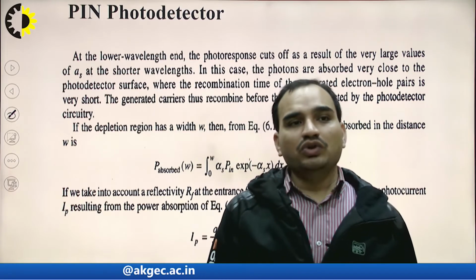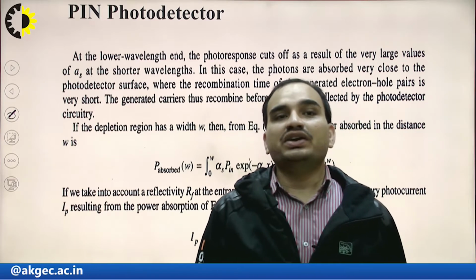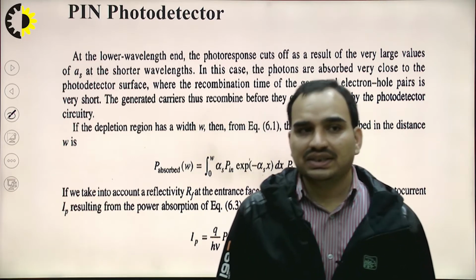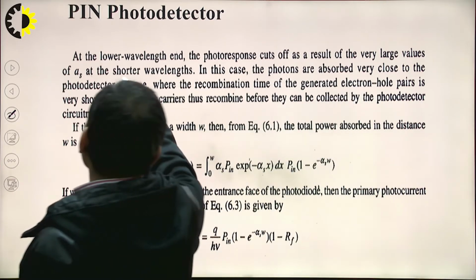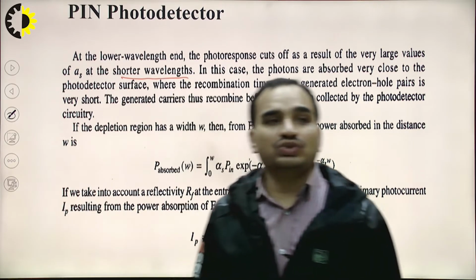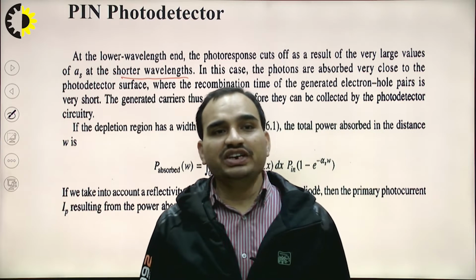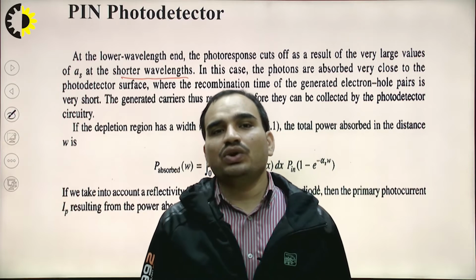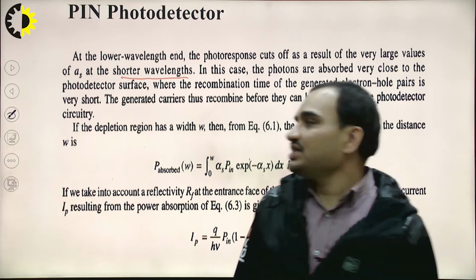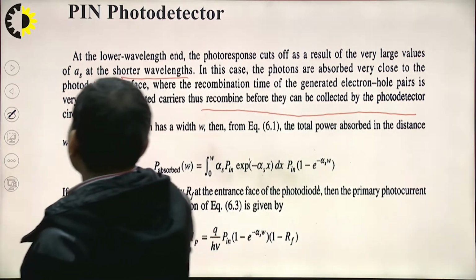At the lower wavelength end, the photo response cuts off as a result of very large values of alpha S. At a shorter wavelength, the photons are absorbed very close to the photodetector surface, and the recombination time of the generated electron hole pair is very short, so the generated carriers recombine before they are collected by the photodetector circuitry.